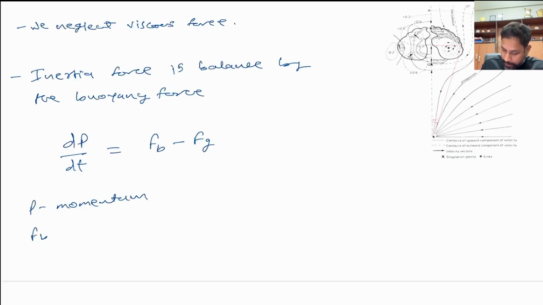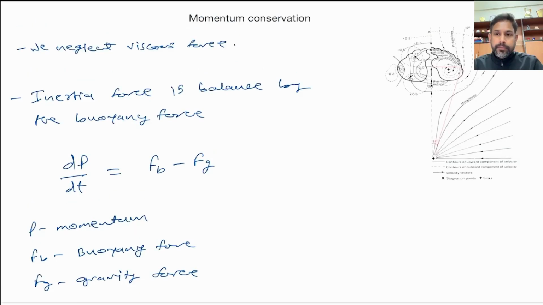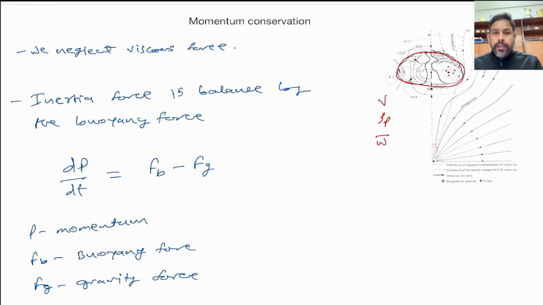Okay, so P is the momentum, right, and Fb is the buoyancy force and Fg is the gravity force. Okay, now if we consider this is our plume volume, that is V, and let's assume that has the density of rho p, which we already considered in the last slide, right, and it has the velocity W bar.